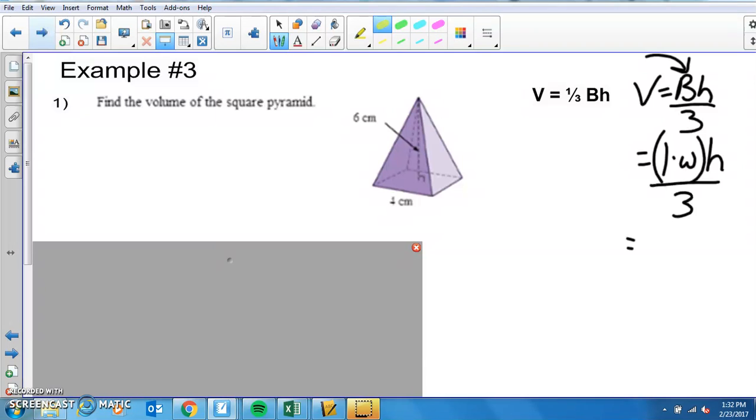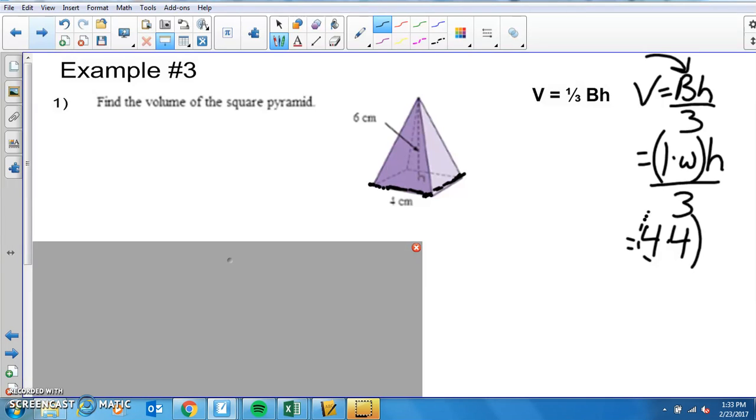So what I want you to do is I want you to work through this problem. I'm going to go ahead and fill in the numbers. All right, we look right here, that measurement that's going across the base of that square at the bottom is a measurement of 4. So this measurement right along the edge here is 4, which means that would also be 4. So our length and width is 4 times 4.